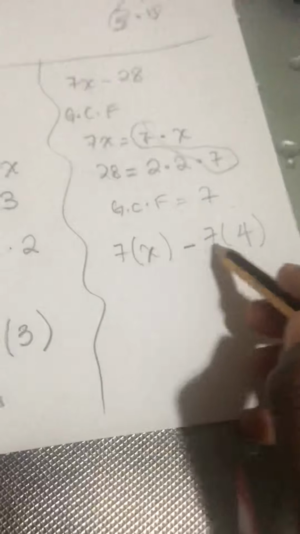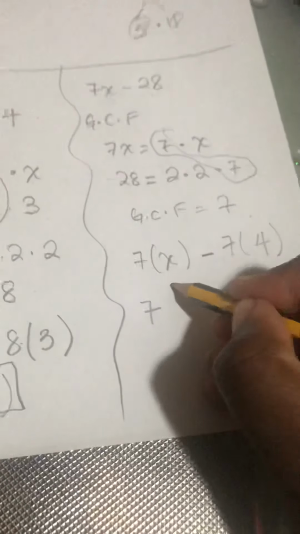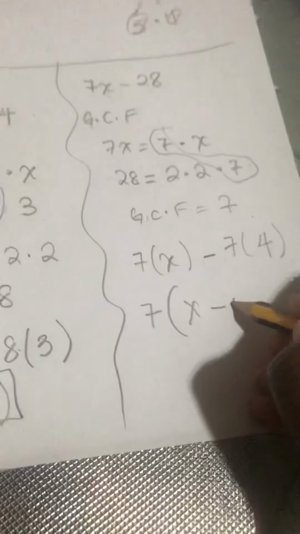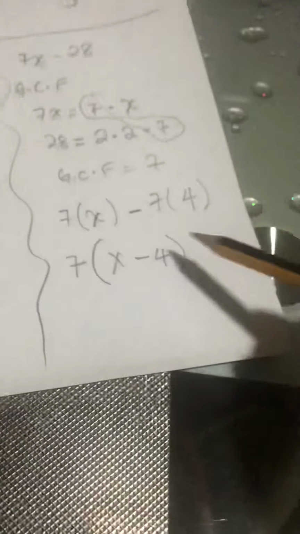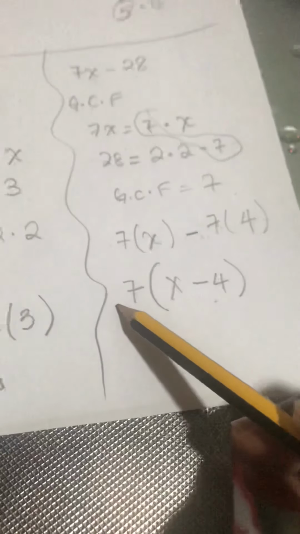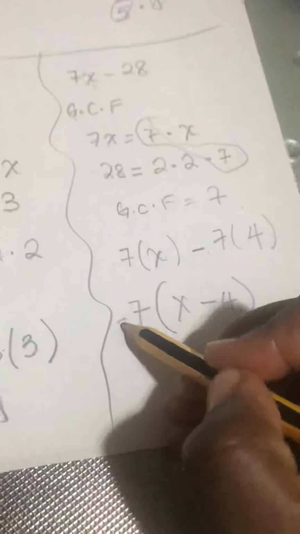This 7 is the same, so I will write it once outside. Open the bracket. Whatever is in the bracket goes inside this bracket. You don't repeat this 7. Since there are 2 of them, you bring it outside. And this is your answer.